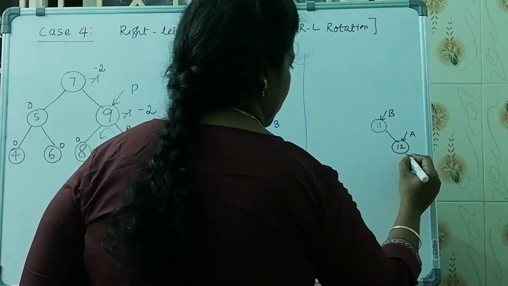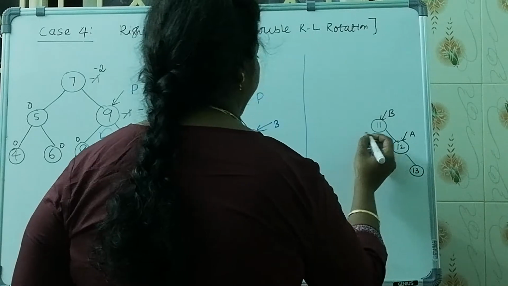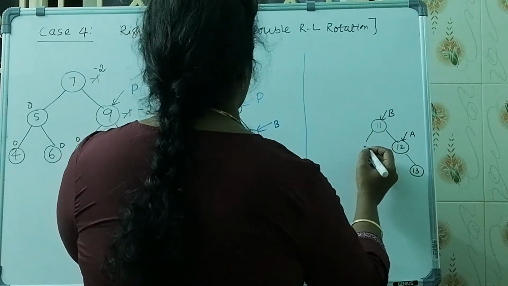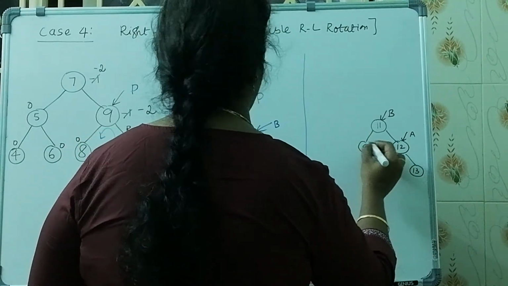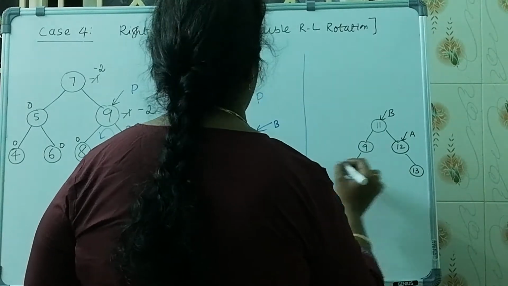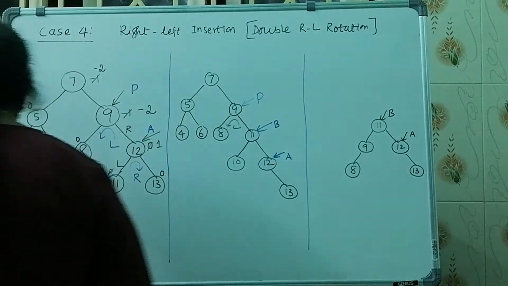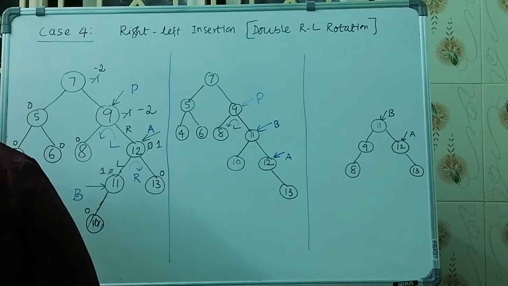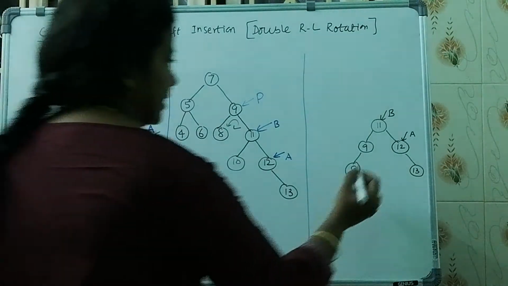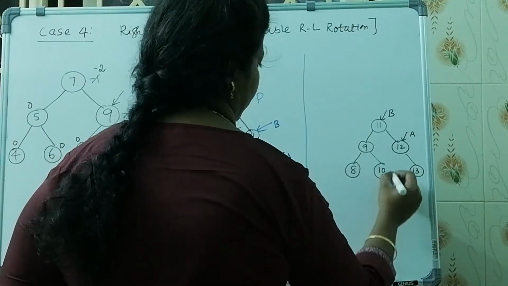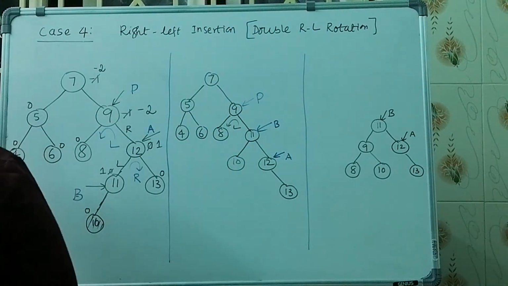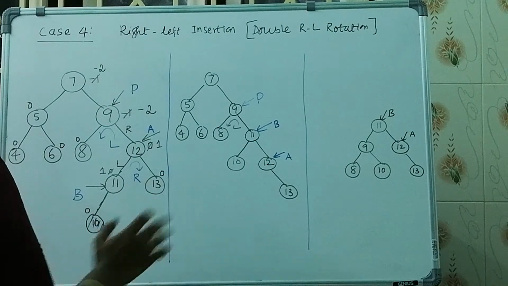Once it comes, you can copy 13 over here. Where does that P go? P goes to the left. So 9 will go here, 8 will go here. Okay, and then 10 is remaining. So 10 goes to the right side of this. Fine, so this is done.